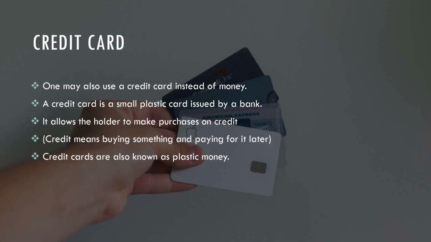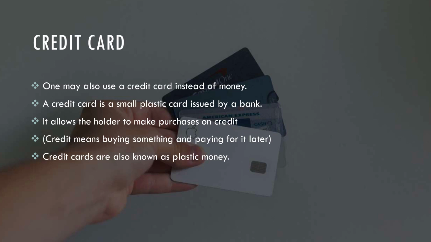Credit card. One may also use a credit card instead of money. A credit card is a small plastic card issued by a bank. It allows the holder to make purchases on credit.